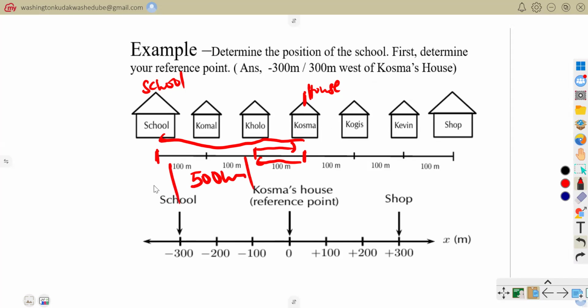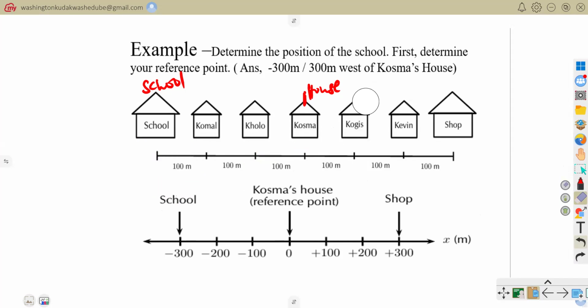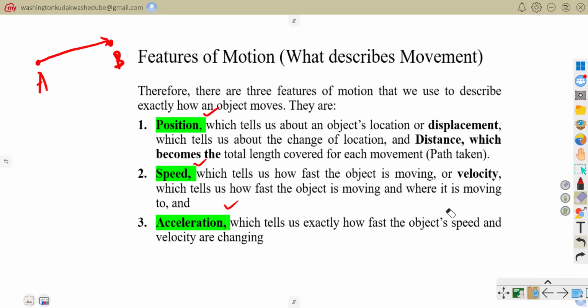That is the magnitude of the length that he covered. That magnitude of the length that he covered is what we refer to as what? As the total distance covered. So there is a difference between something that we refer to as displacement and something that we refer to as distance. Distance simply becomes the total length covered for each movement, whilst displacement becomes the change of location.